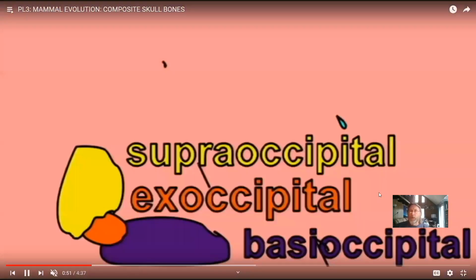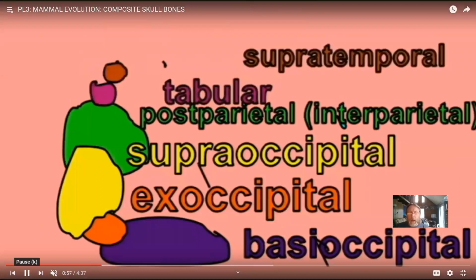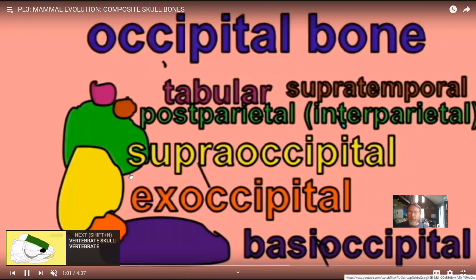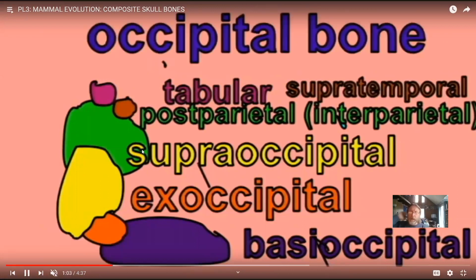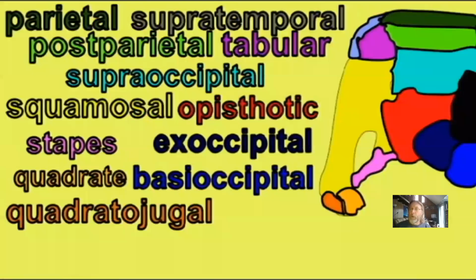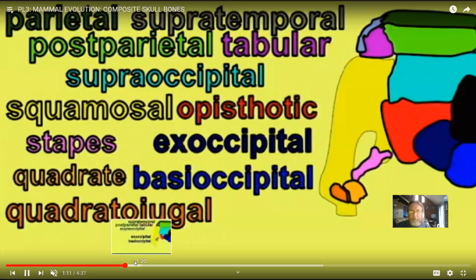So here are all of the pieces which contribute to the occipital bone, both parts of the chondrocranium and dermatocranium. These all fuse together and form the one occipital bone, which is now a composite bone made of multiple separate embryonic pieces.